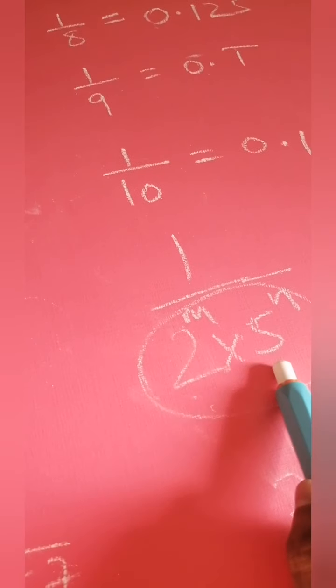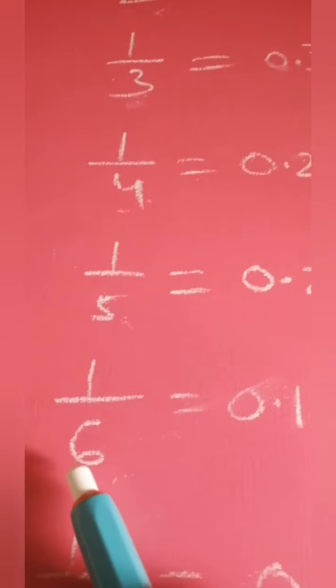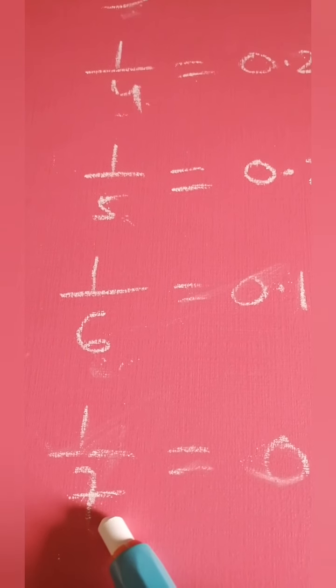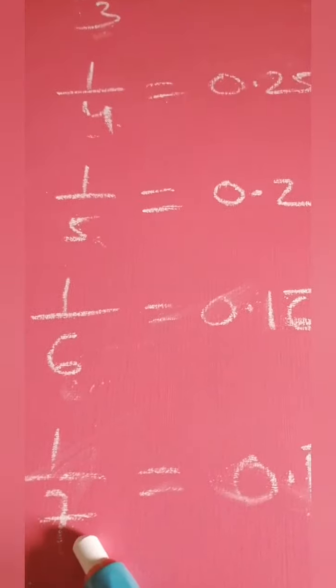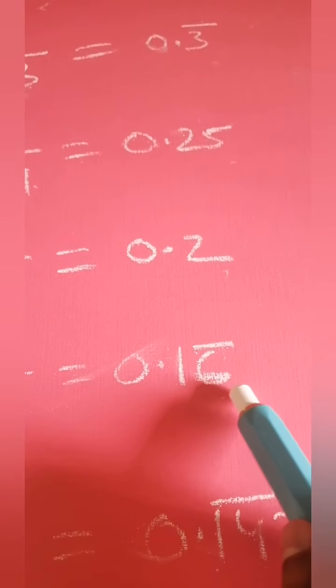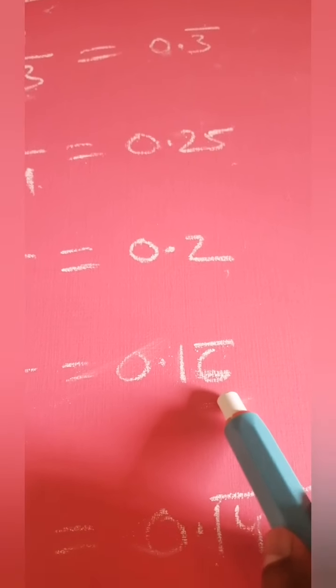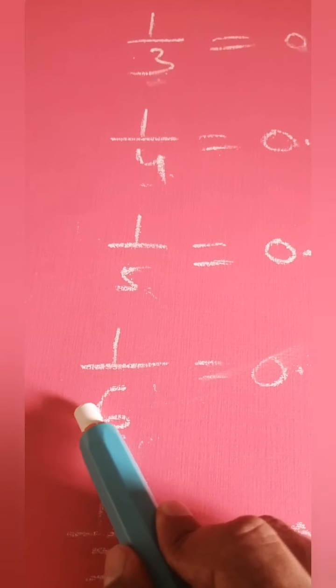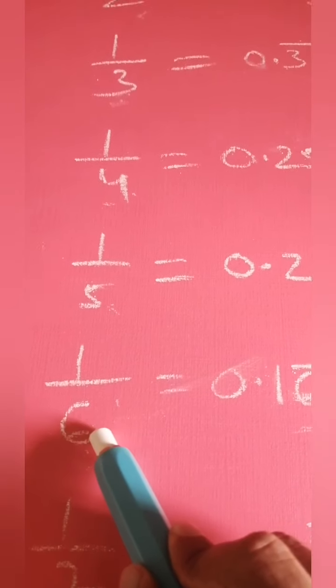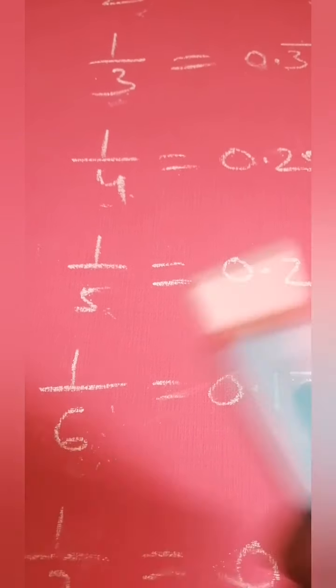Other than 2 and 5, other prime factors should not be there. Here 3 is a prime factor other than 2 and 5. Here 7 is a prime factor other than 2 and 5. That's why we conclude that for a non-terminating decimal, when expressed in p by q form, q should not be in 2 to the power m into 5 to the power n form.